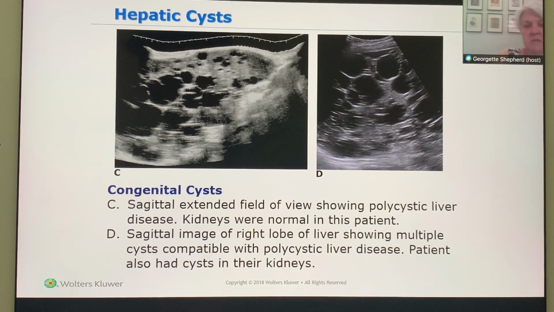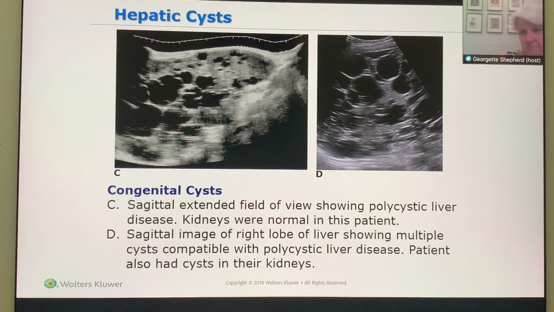You never take a picture of just the kidneys if a renal is ordered. You also want to do a sagittal and transverse of the liver and a sagittal and transverse of the spleen. Because when you take those images, you're telling the doctor, I looked and I didn't see anything.